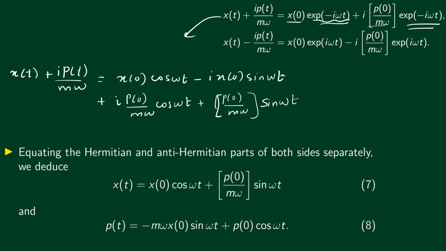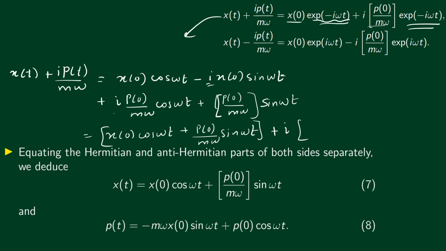Now, we can rearrange a little bit and we can write this as x of 0 cos omega t plus p of 0 divided by m omega sine omega t plus i multiplying, there's an i here and here.